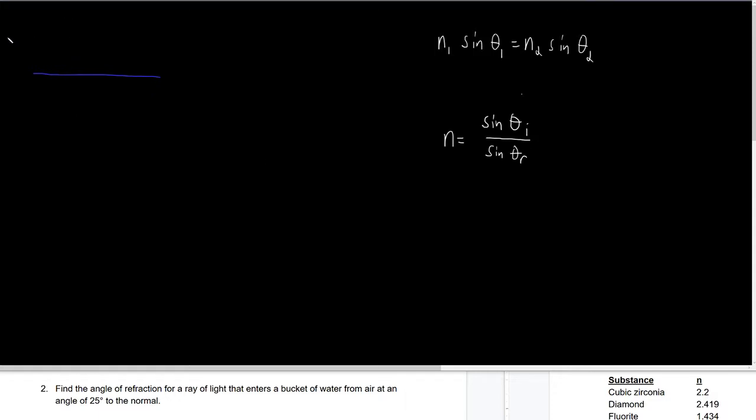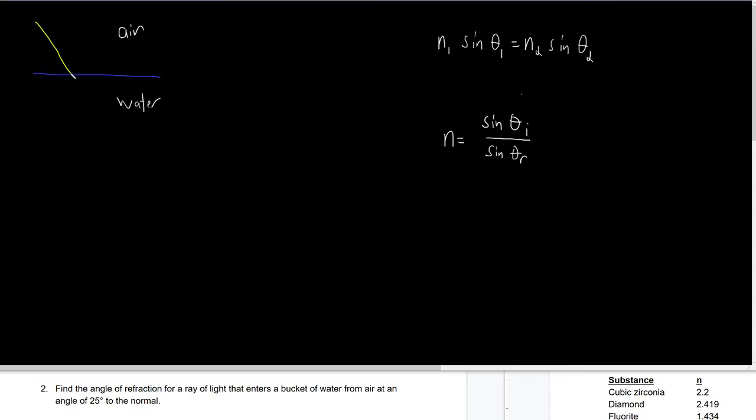So if I have air up here, and that blue line represents the surface of water, and we have water down there, if I was looking at light, let's say this light ray is coming in at an angle, and it's going to cross from air into water.